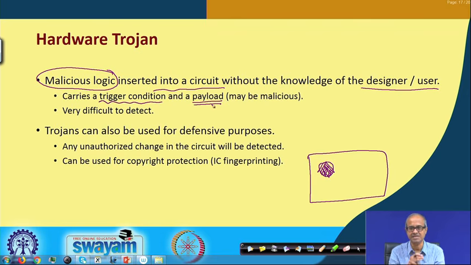Maybe something will get deleted, something else will happen which is not intended. This is the purpose of the so called hardware Trojans. Something is hiding inside the hardware, sometimes it can wake up and it can carry out some malicious activities.